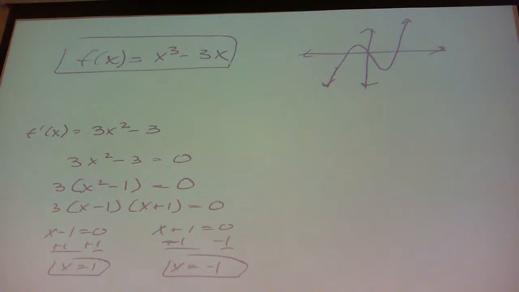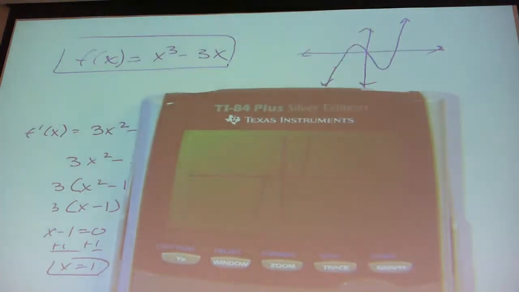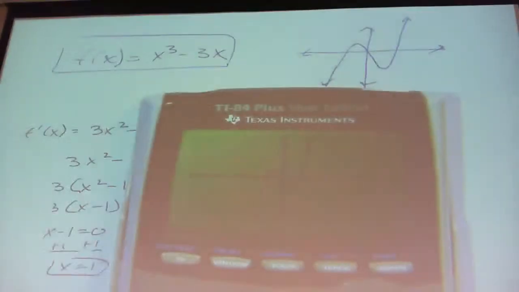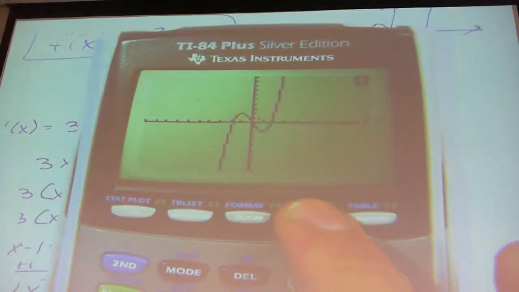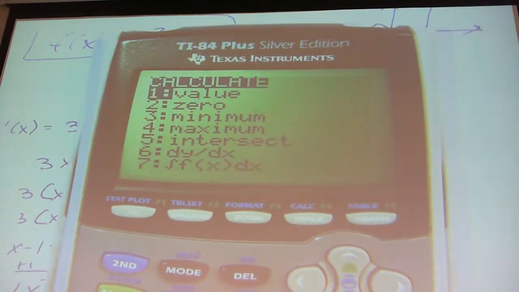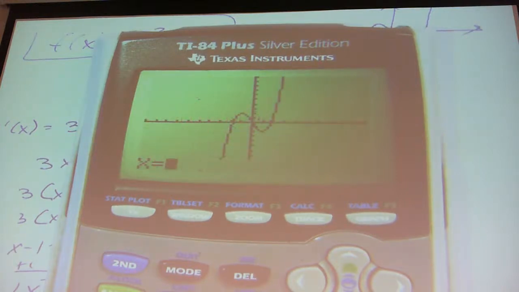So if I go to my calculator, I'll show you a little trick. Hit second trace, hit number 1 for value, and the two numbers we're going to look at are -1 and 1. If I type in -1, where is that?